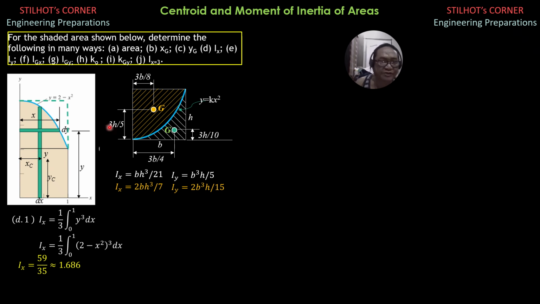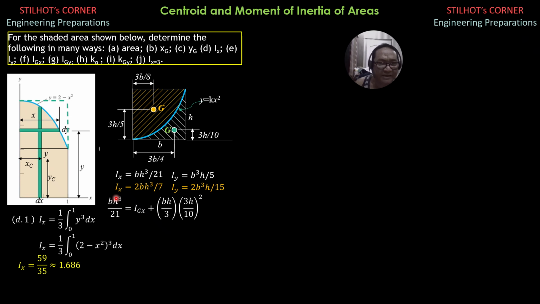So I'll derive the centroidal moment of inertia of the spandrel, centroidal x and centroidal y, and for this parabola by the transfer formula for moment of inertia. So b h cubed over 21 equals Igx plus the area of the spandrel, which is 1/3 b h, and the distance between the centroidal x-axis of the spandrel and the x-axis, which is 3/8 of h.